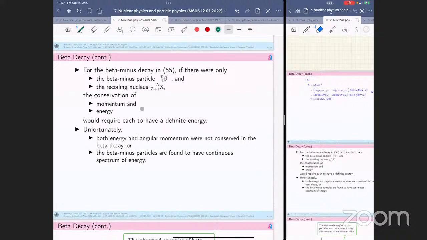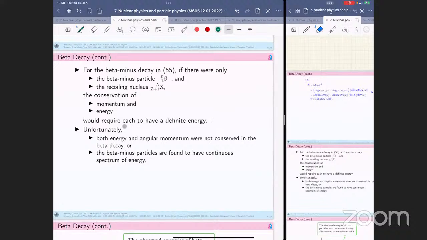The way to be sure is the following: the physicists went into the detail. They assumed that if there were only a beta minus particle or electron and the recoiling nucleus, the nucleus that changes itself from the parent nucleus, the conservation of momentum and energy would require a definite energy, right?